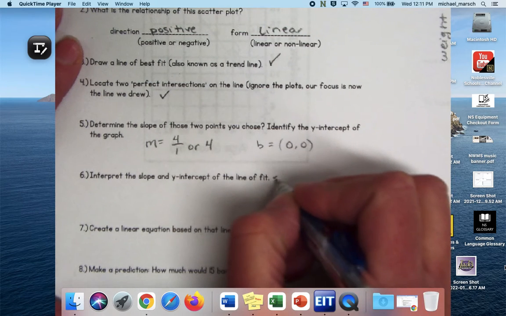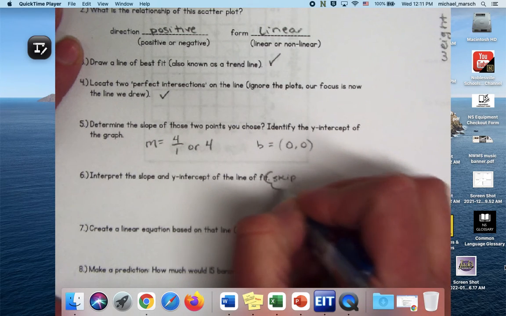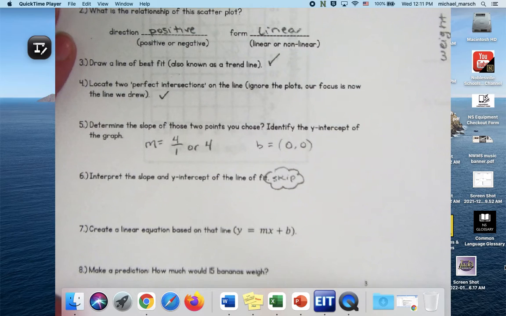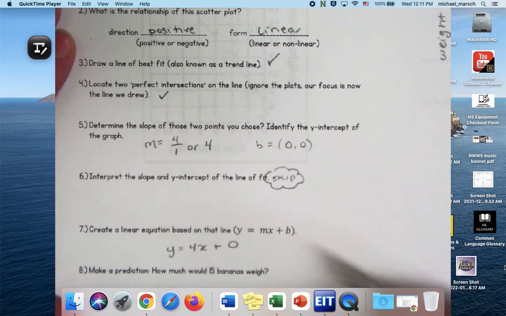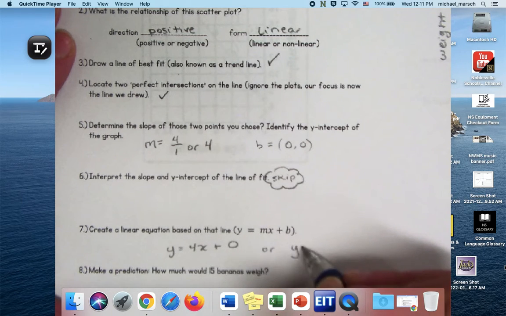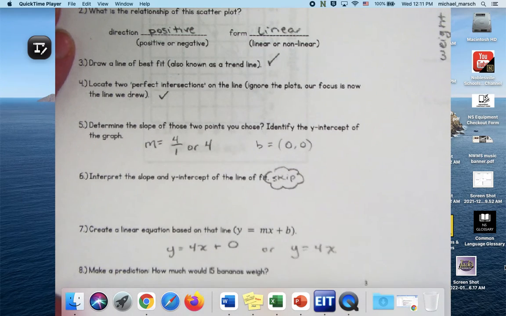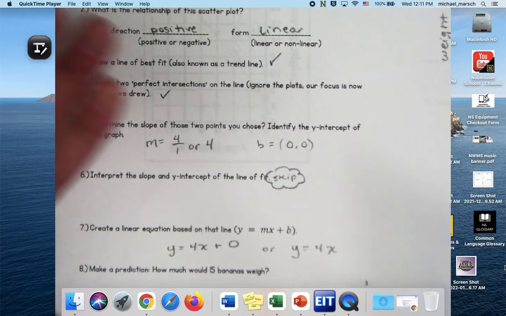I asked you guys to skip number 6 for now. My linear equation is y equals 4x plus 0, or you could just say y equals 4x, whatever you are most comfortable with for the form.